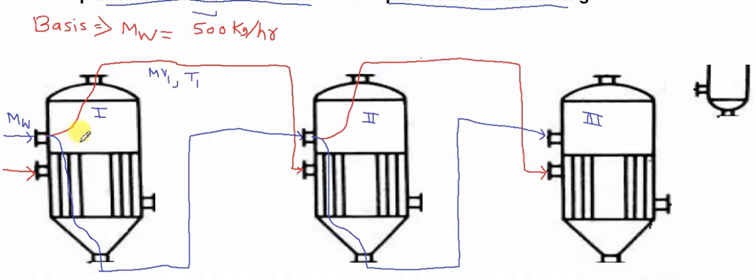Whatever temperature T1 is inside, the same temperature of that vapor will be here. Then here the temperature will be T2, and here T3. With respect to T1 there will be pressure P1, the corresponding pressure in this evaporator will be P2, and the pressure in this third effect will be P3.